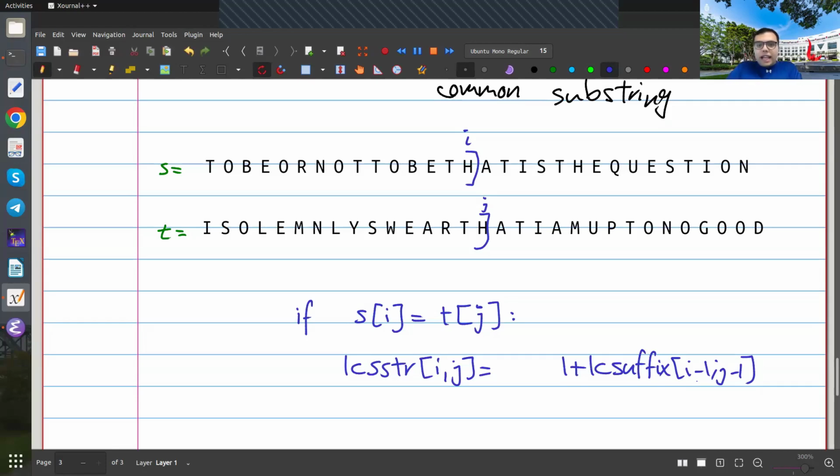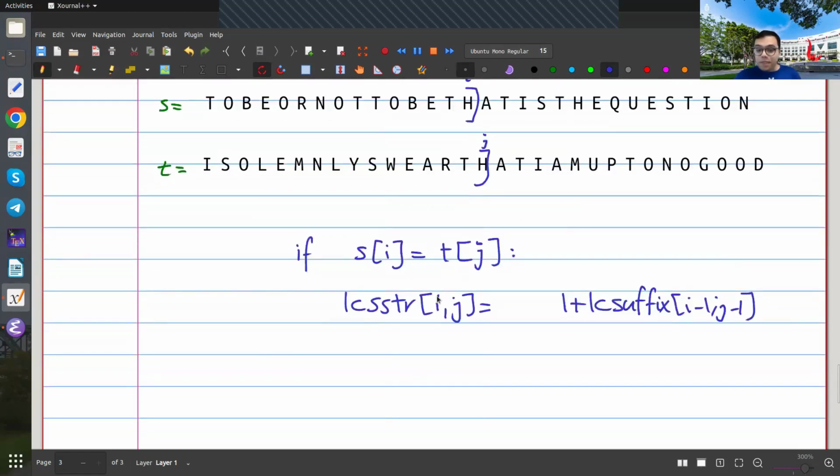But I can say something like before. If I don't include both of these last characters, if I include at most one of them, then I have either a substring of the first I minus 1 characters of S and the first J characters of T, or the first J minus 1 characters of T and the first I characters of S. Did I say that correctly? Okay.